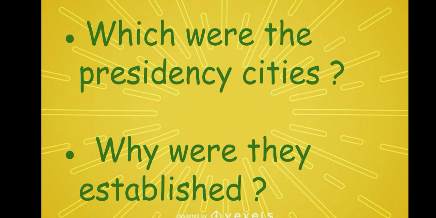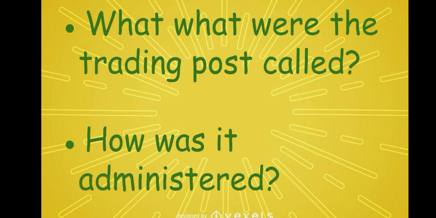And why were they established? They were established for the purpose of trade. What were the trading posts called and how were they administered? The trading posts were called factories and these were administered by a factor. The person who administered it was called a factor.